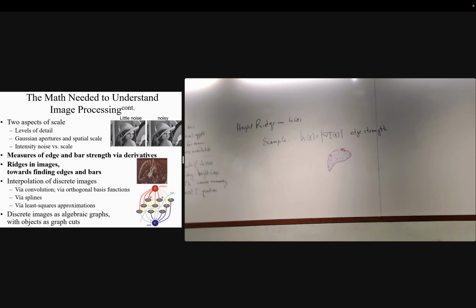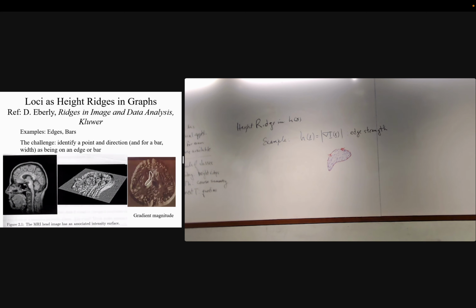And I have this example here that I'm going to be talking to. We'll see later that we'll be able to get ridges in three-dimensional images, three variables, or actually m variables.